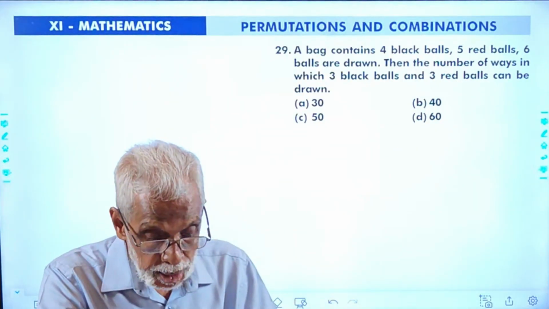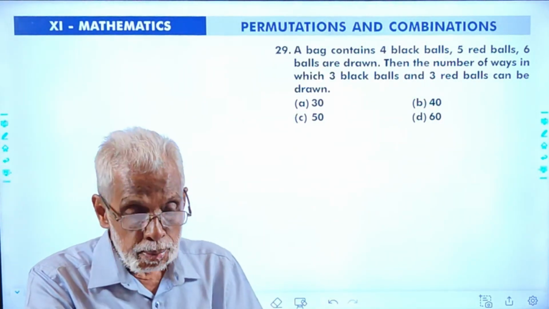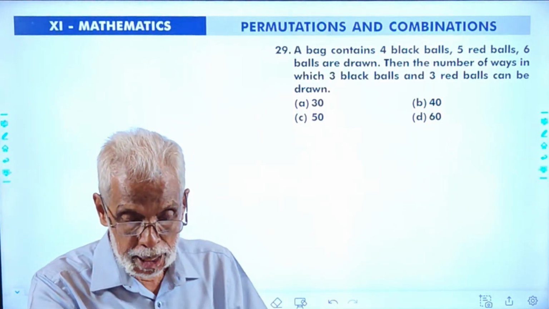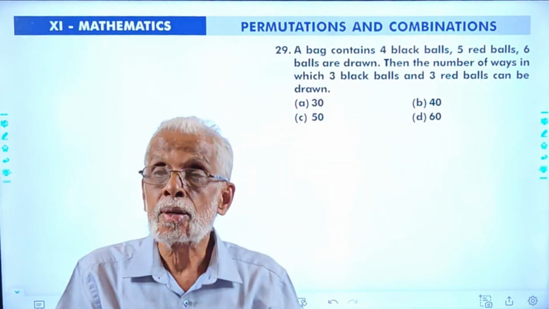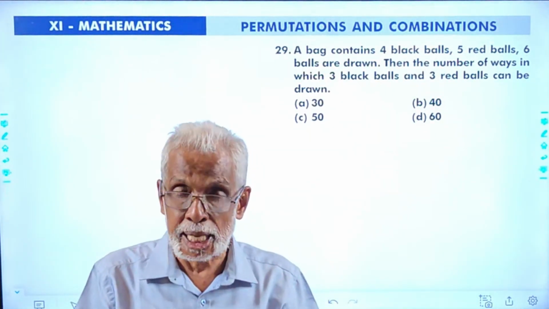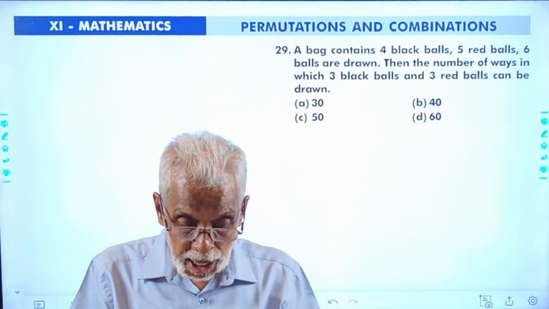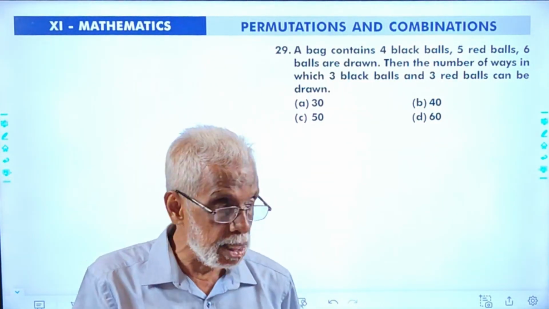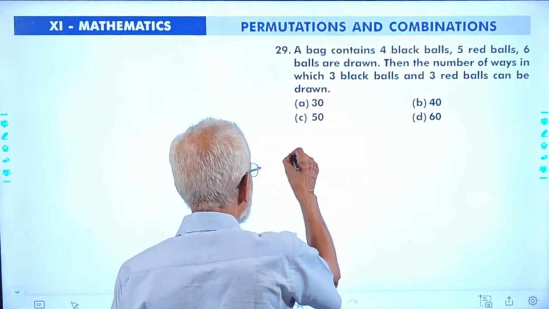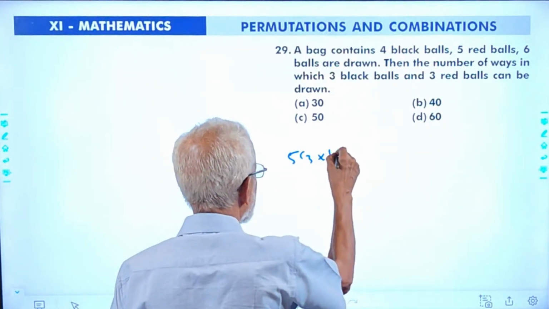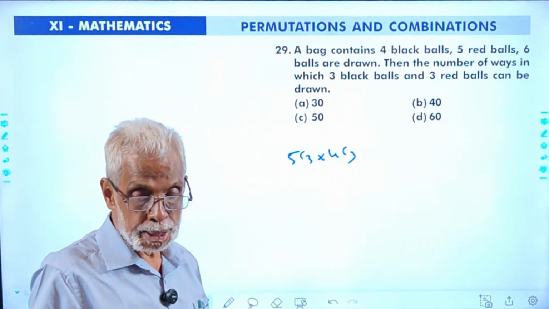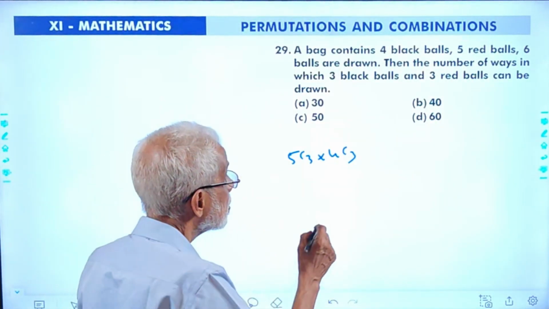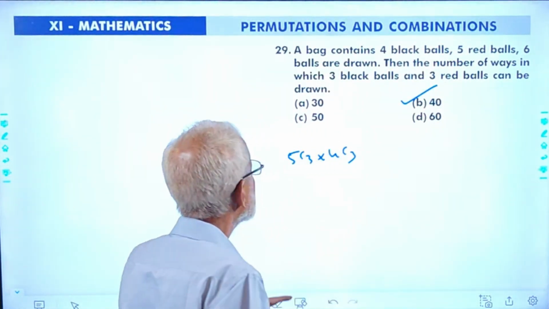We need 3 red balls and 3 black balls. 3 red balls from 5 red balls can be selected in 5C3 ways, and 3 black balls from 4 can be selected in 4C3 ways. Therefore, the total number of ways is 5C3 into 4C3, which gives 40.